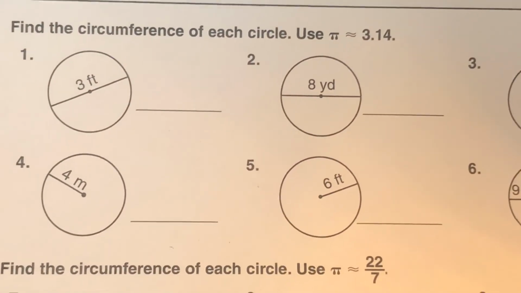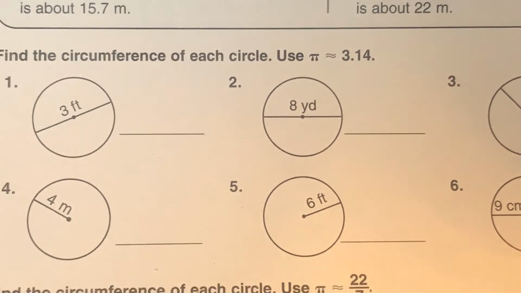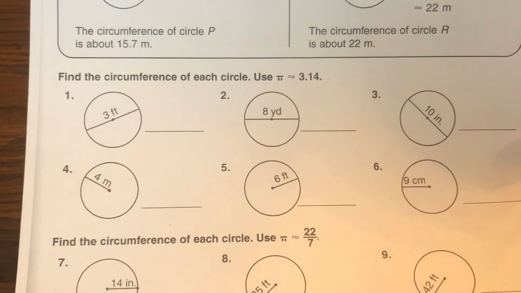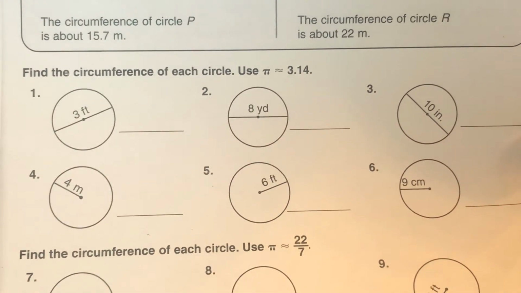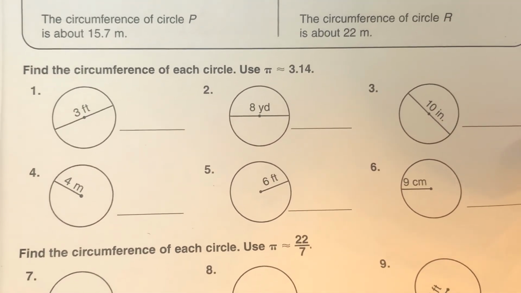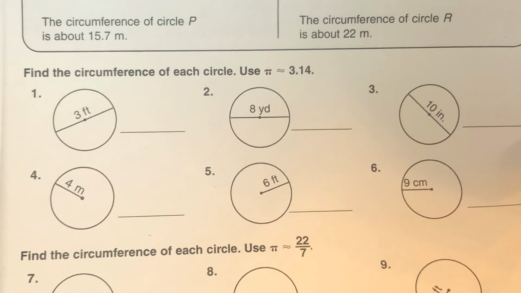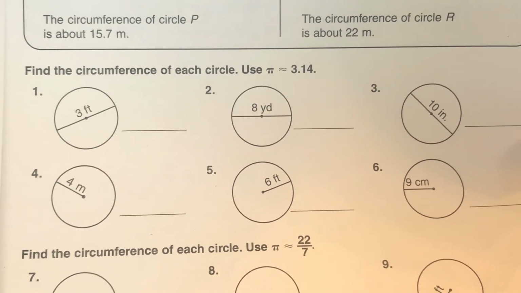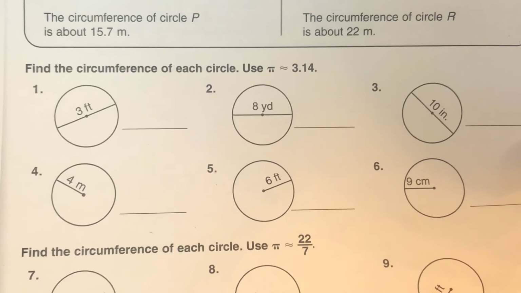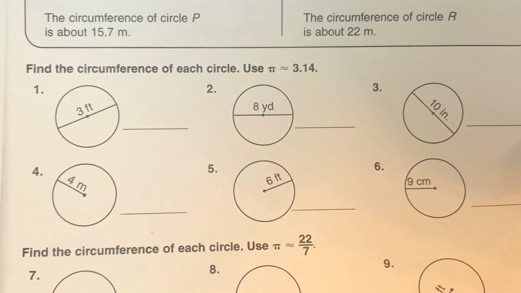If we look at the first section, 1 through 6, it says find the circumference of each circle, use pi equals 3.14. So on 1, 2, 3, 4, 5, 6, every time you use pi when you fill in the formula, you're always going to use 3.14.